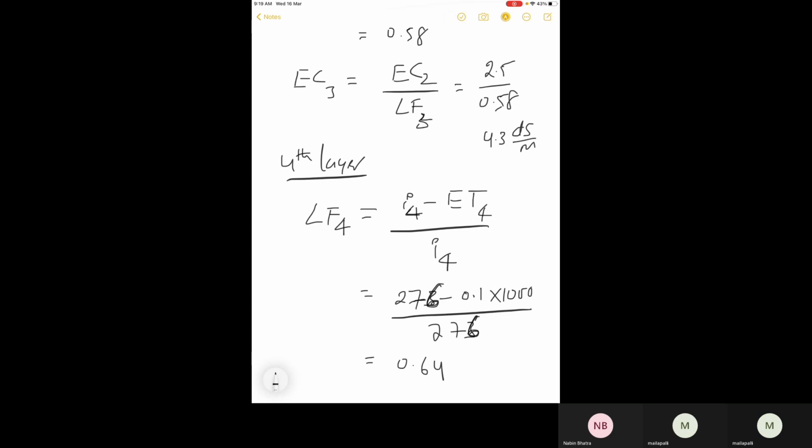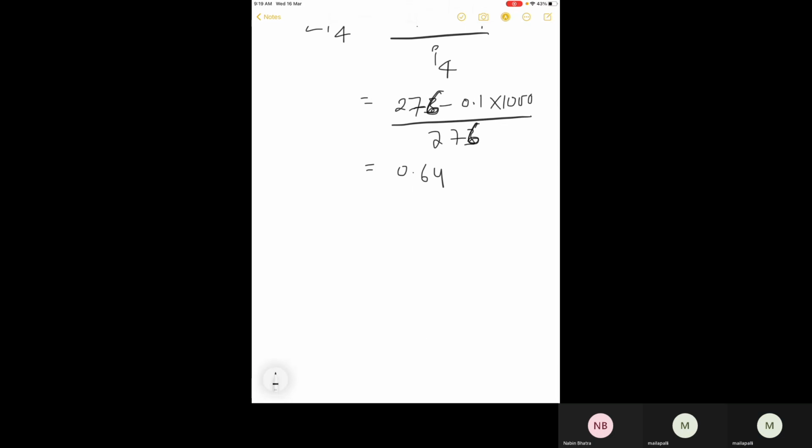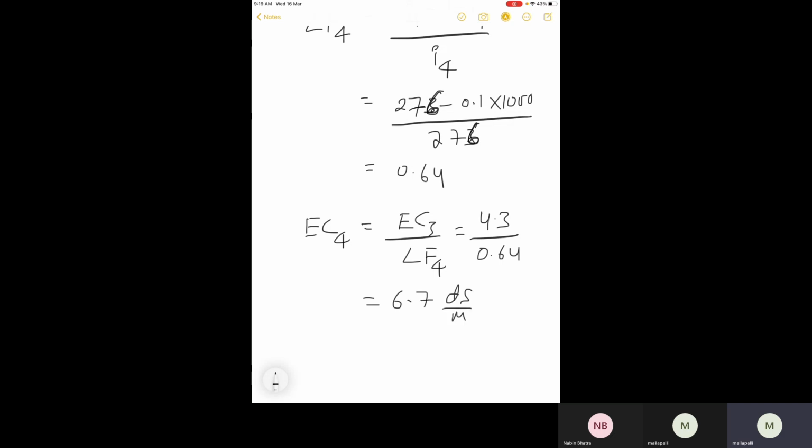Then the corresponding EC4, which is equal to EC3 divided by LF4. EC3 is 4.3 deci per meter and 0.64, so you get 6.7 deci per meter.